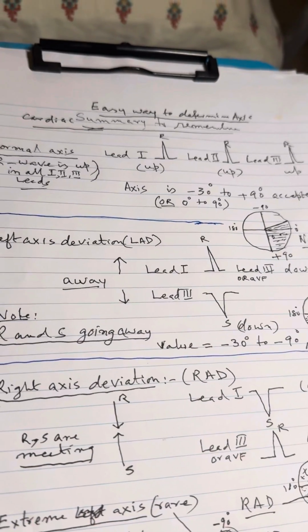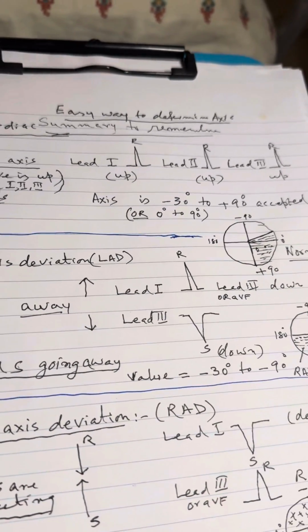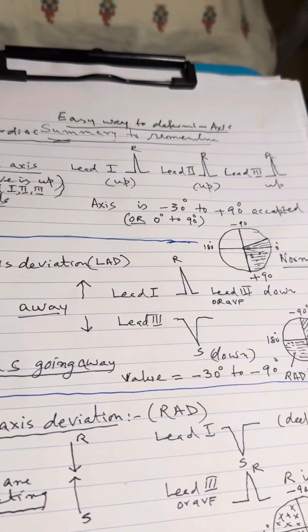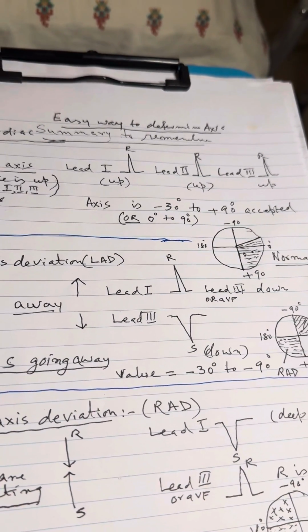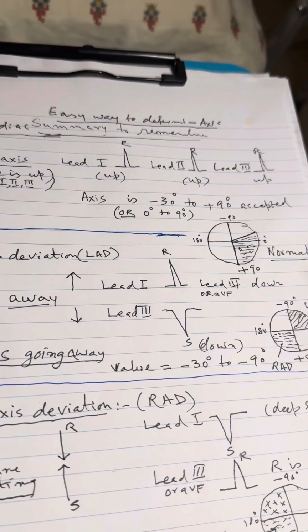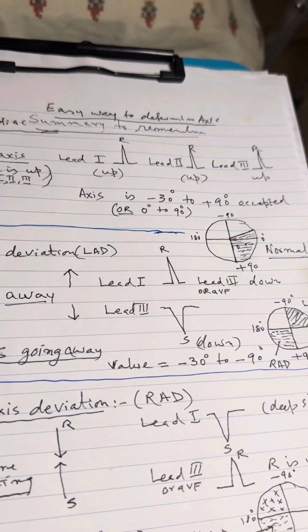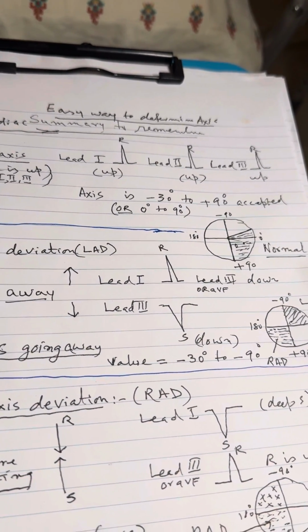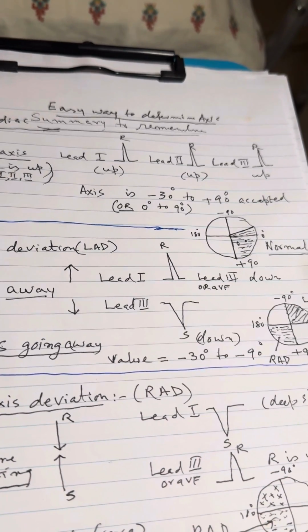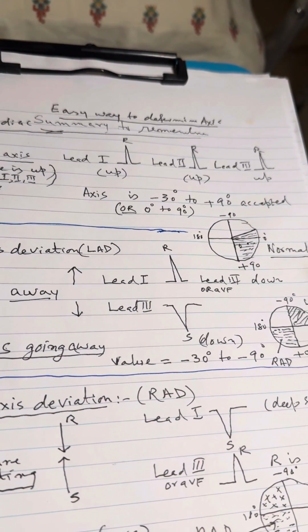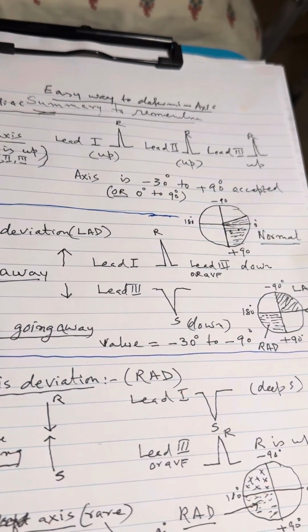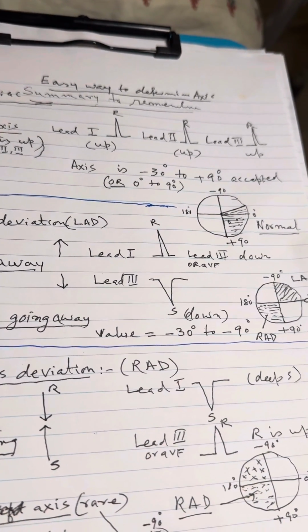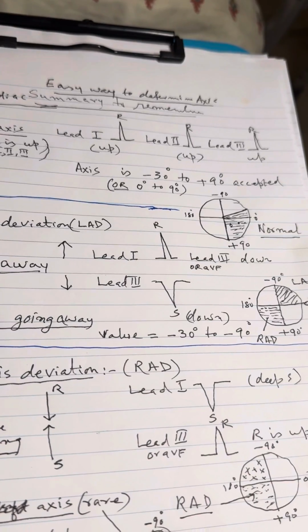Now if you find the direction of the R wave is up in all three leads, then it is normal axis. Normal axis means that the axis is between minus 30 degrees to plus 90 degrees. This is one view.